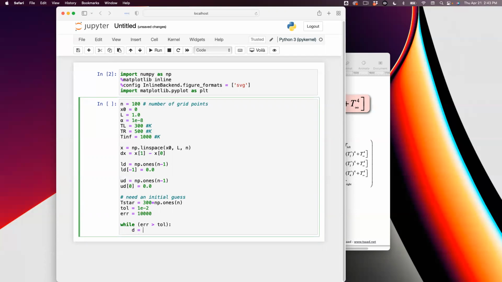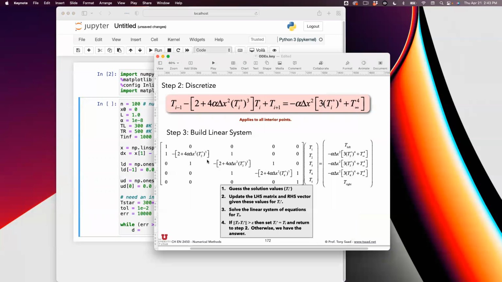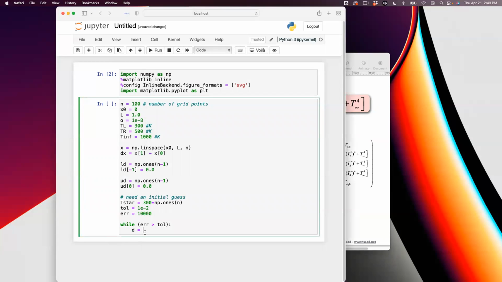So now we create the main diagonal, which is D equal to minus 2 plus 4 alpha delta x squared Ti star cubed. So we have minus 2 plus 4 times alpha times dx squared times T star cubed.